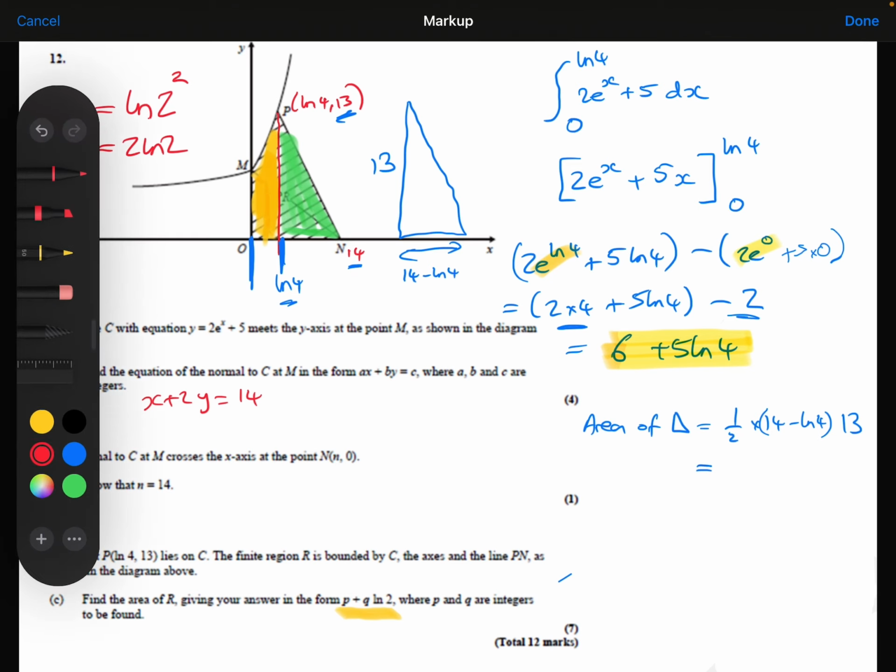So let's do this. Let's go back to the answer from before and replace that 5 ln 4 with 5 lots of the 2 ln 2, or 6 plus 10 ln 2. And let's replace this ln 4 with the 2 ln 2 here.